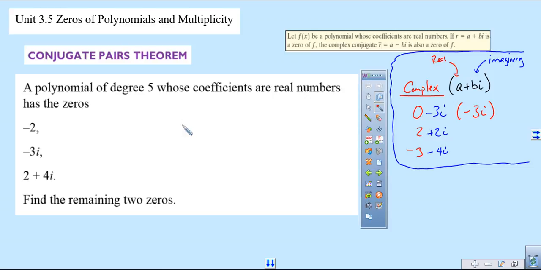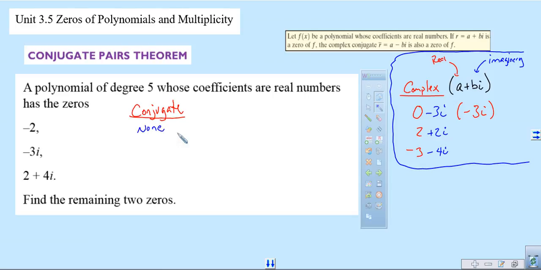Now from here, let's talk about what a conjugate is. Let's break this down and make it like a chart. I don't want to go as far as to say that a conjugate is an opposite, okay? But in this case, negative 2 does not have a conjugate, so there's none.